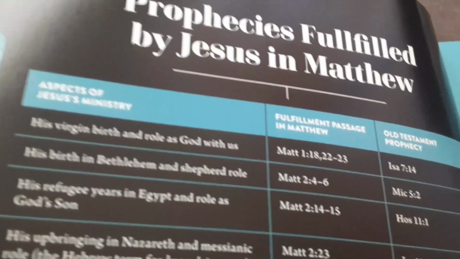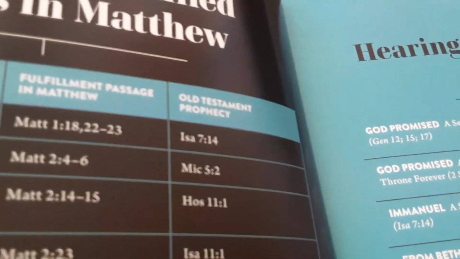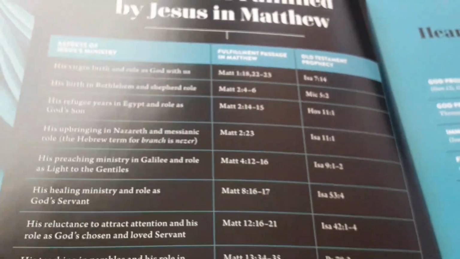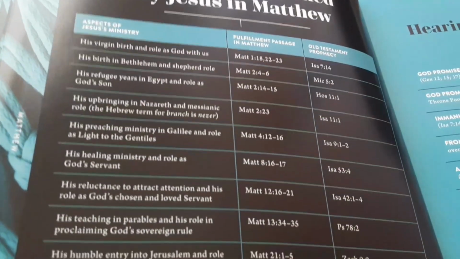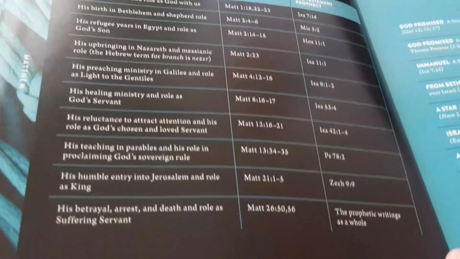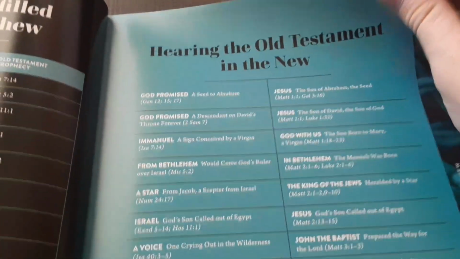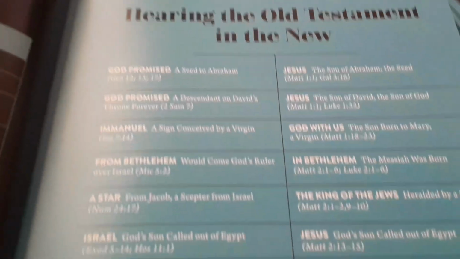Aspects of Jesus' ministry, fulfillment passage in Matthew, along with the Old Testament prophecy. I guess there's another one here in the Old Testament and the New. And I thought this was pretty interesting too.